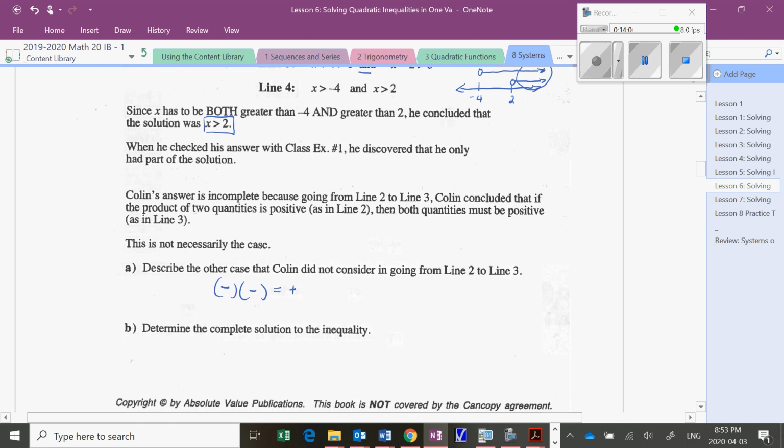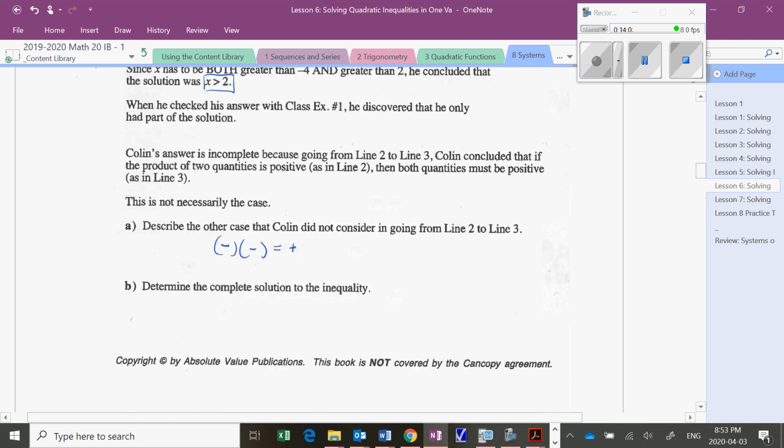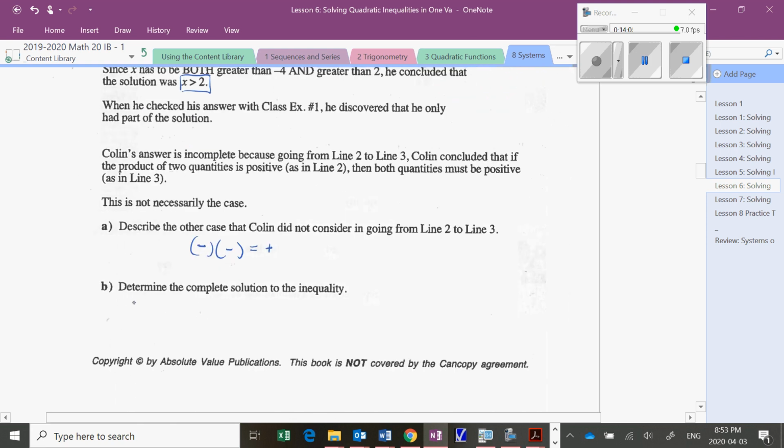So that complete solution then is also the fact that x plus 4 could be less than 0 and x minus 2 could also be less than 0. So that's the other possibility. And so isolating x again, x less than -4 and x less than 2.